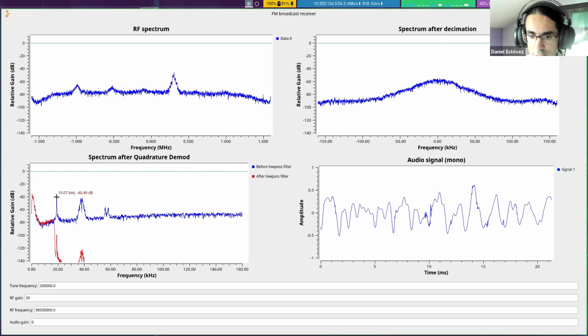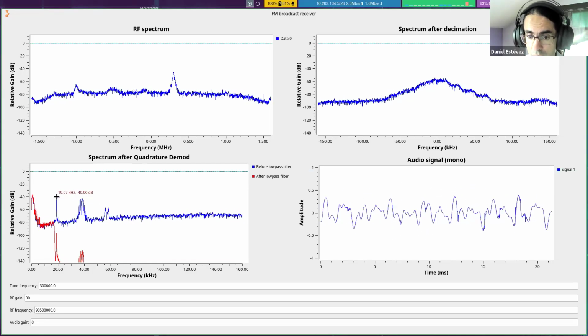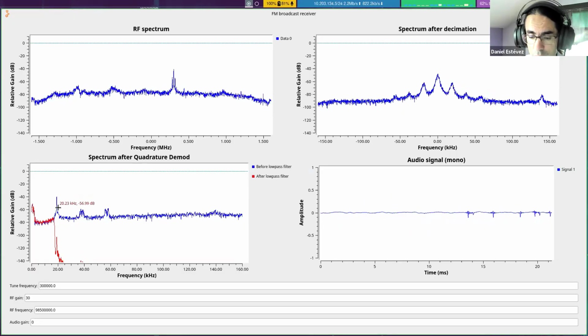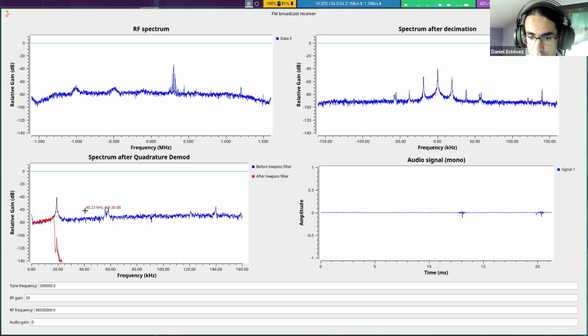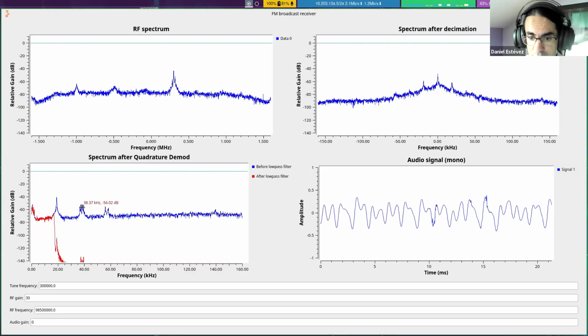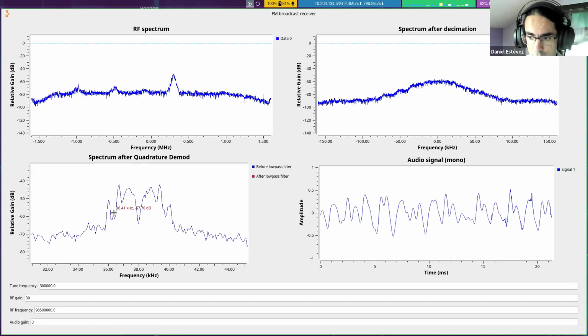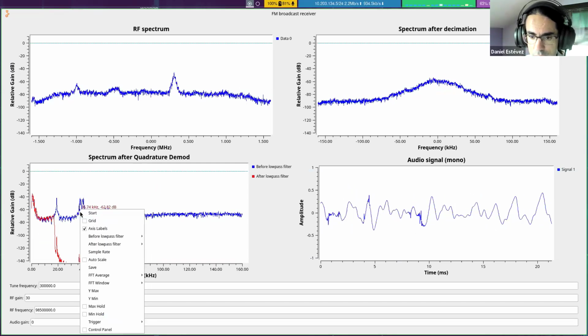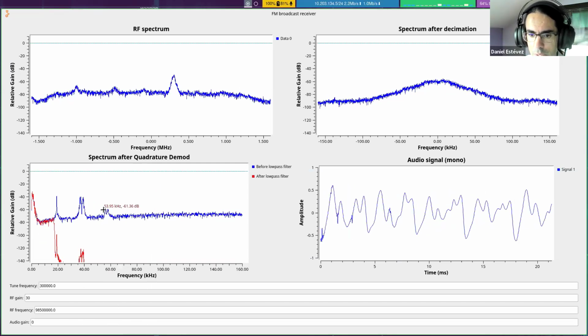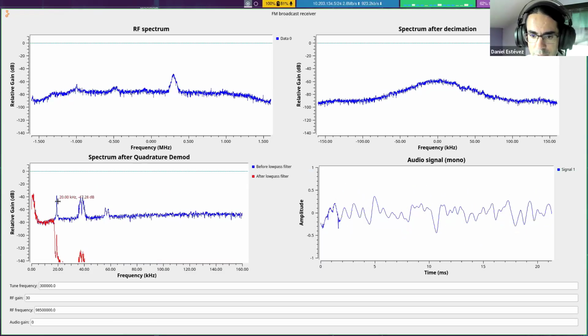Because this tone was generated at the transmitter and it's not something that the receiver is generating locally, it will always be consistent with the place in which the transmitter has put this stereo signal that now we can see quite clearly, and we can see that it's symmetric. So that's the reason why we have this pilot tone.